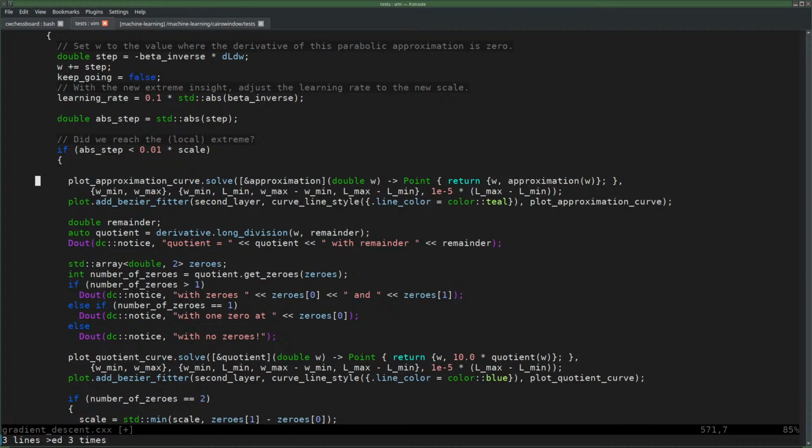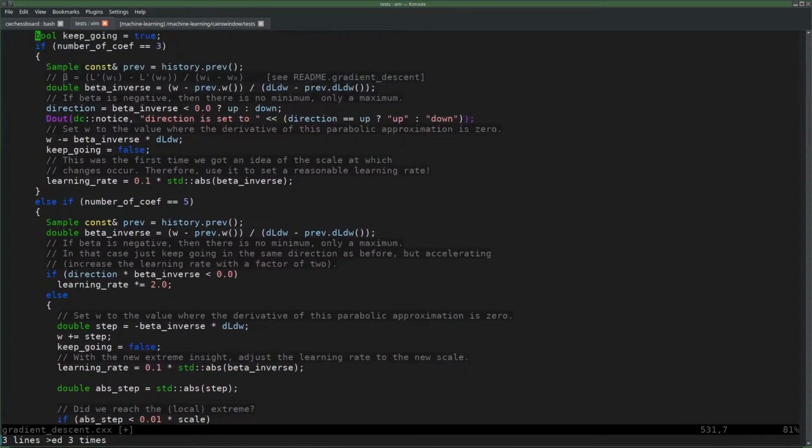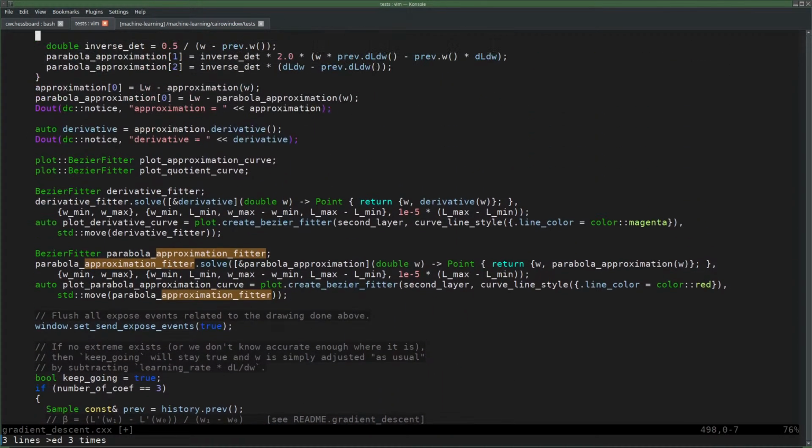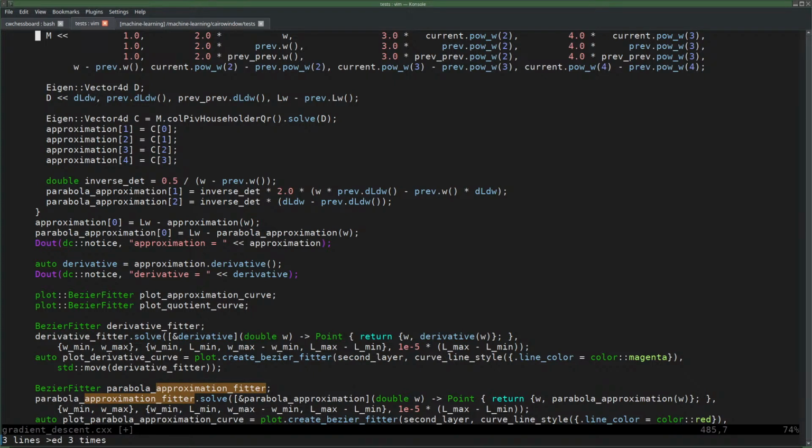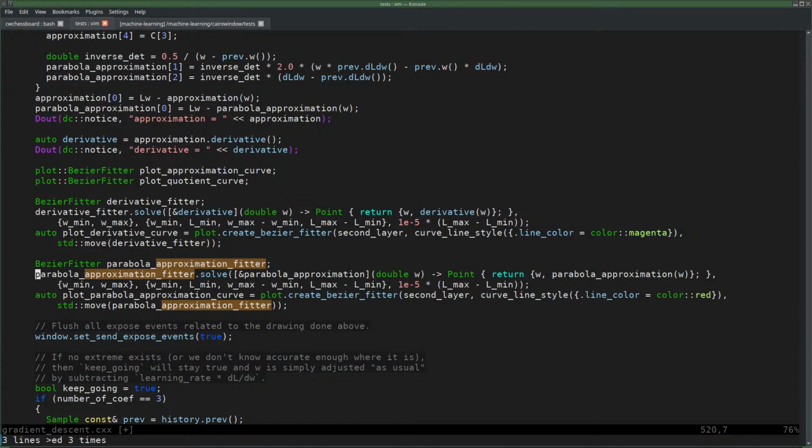Oh, this uses approximation. Well, you can also delay approximation then. Can we not? Derivative, this uses approximation as well, of course. Yeah, it's the drawing that it should move down. Parabola fitter still there as well.